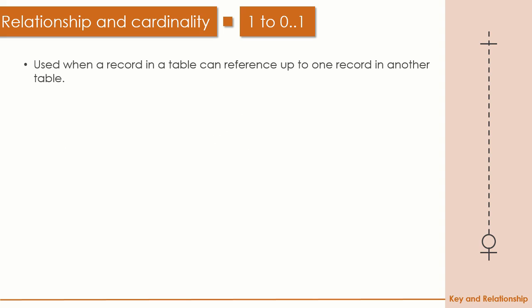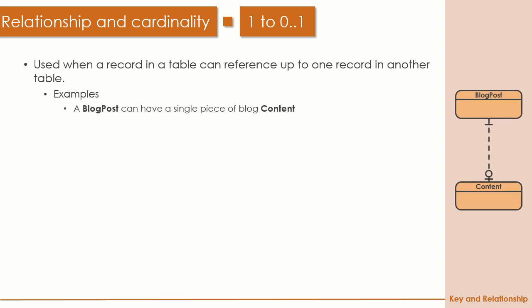The second one is one to zero or one. It's used to reference another table where sometimes you have the record and sometimes you have no record. An example is a blog post, where we can have a single piece of blog content. Why do we need to separate it?